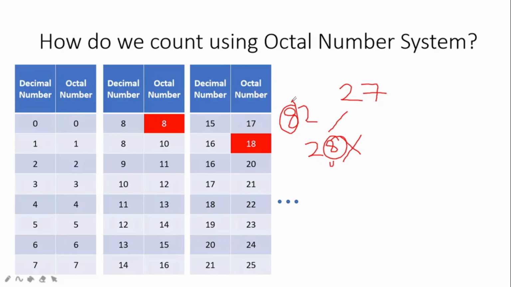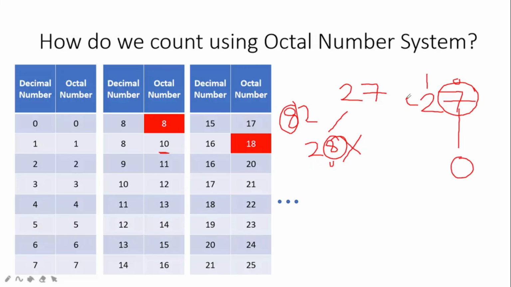Now if 28 is not the next number after 27, what would be the next number? How to calculate? 27. Remember, start with the 0th place. First of all, find out what comes after 7 in the octal number system: 10, right? So the 0 will be here. Now 7 has a number in front of it, so the 1 in the 10 will be carried forward for this 2.